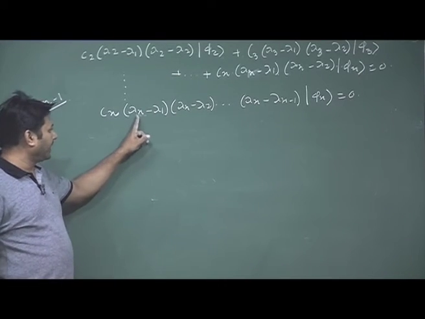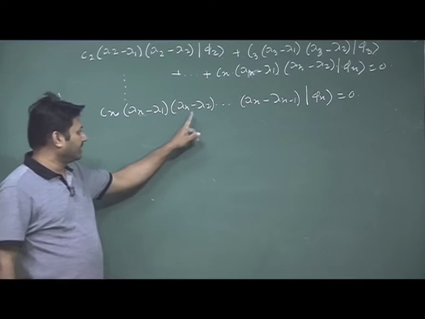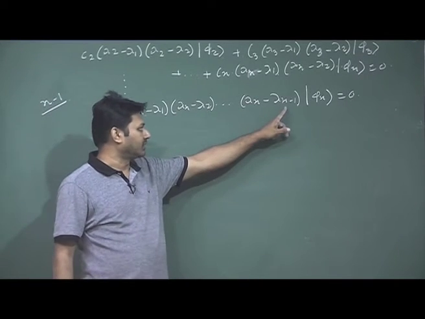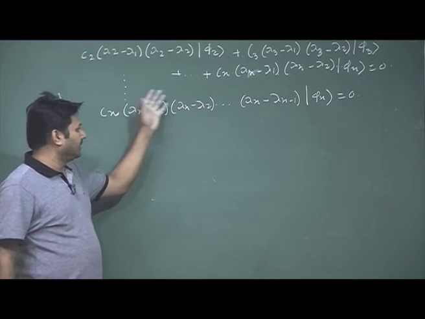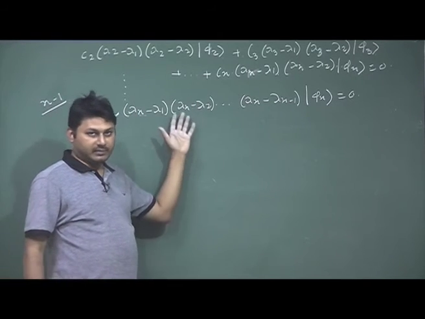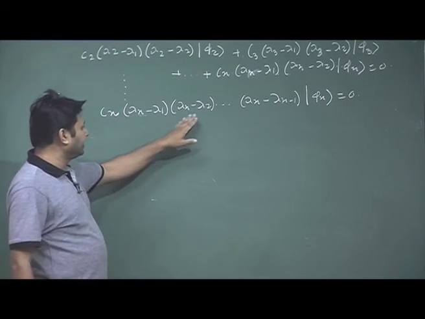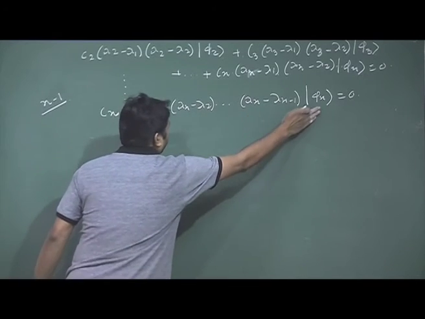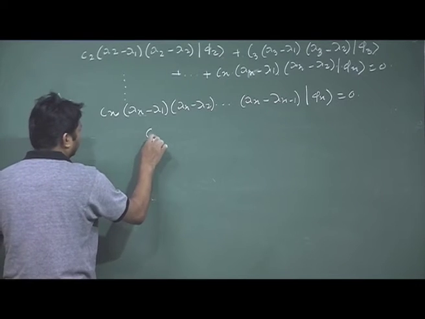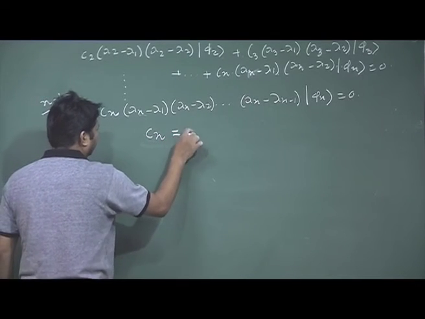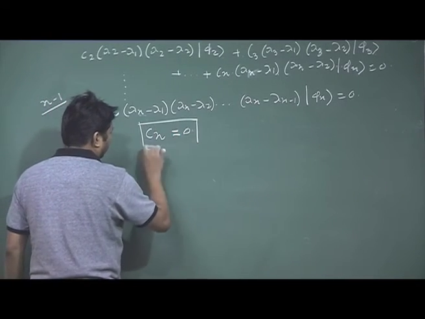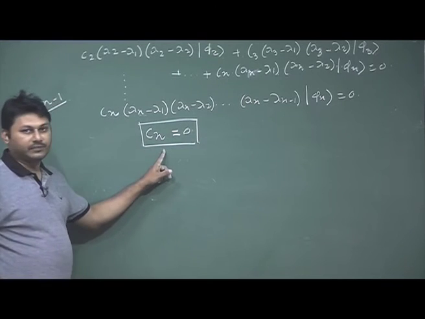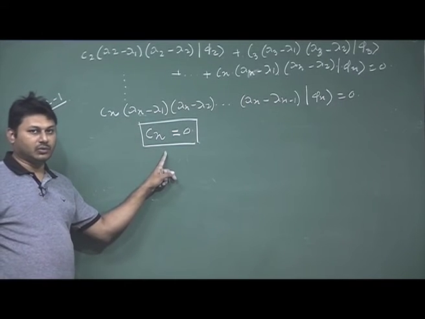So, here you will find lambda n minus lambda 1, lambda n minus lambda 2, up to lambda n minus lambda n minus 1. Since they are distinct, it will not be 0. Phi n is not 0. So, what will be 0? Cn will be 0. That is my first conclusion, Cn is equal to 0.